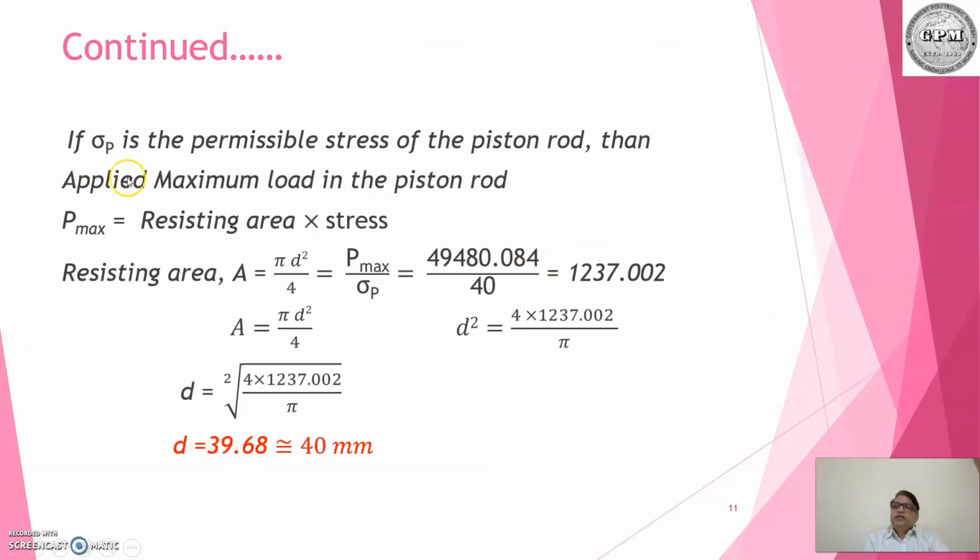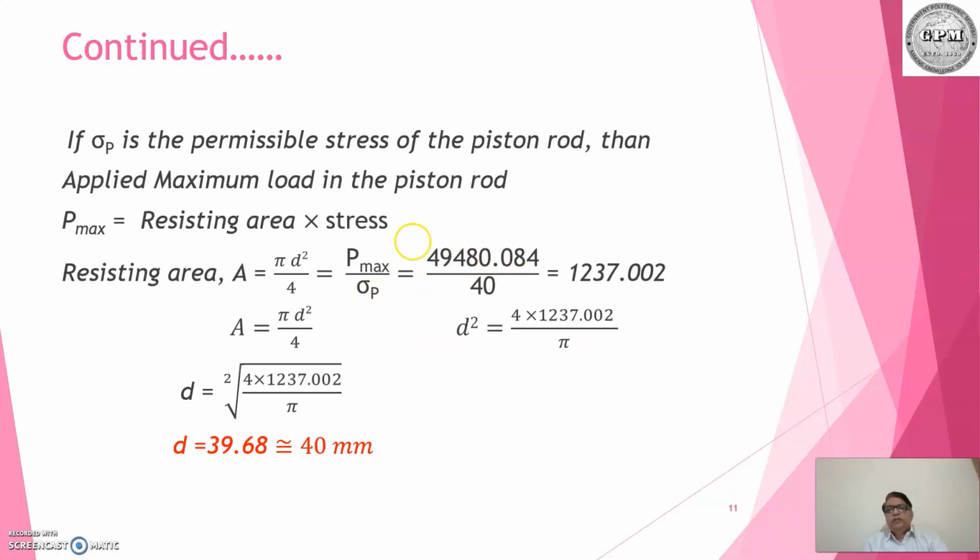Continuing here, sigma P is the permissible stress in the piston rod and the applied maximum load in the piston rod is given by P maximum equal to resisting area multiplied by stress. If small d is the diameter of the piston rod, then the area is pi d square by 4, which is equal to the maximum load divided by the permissible stress of the piston rod.